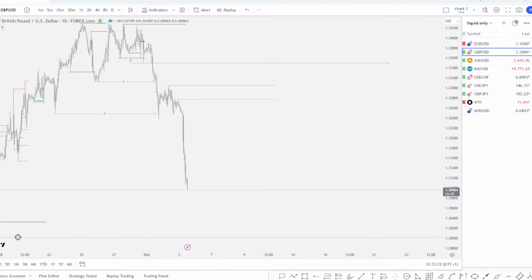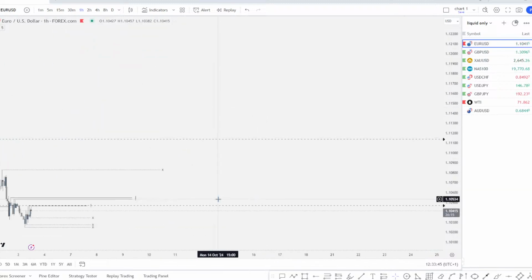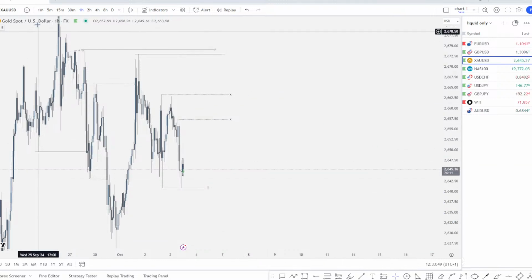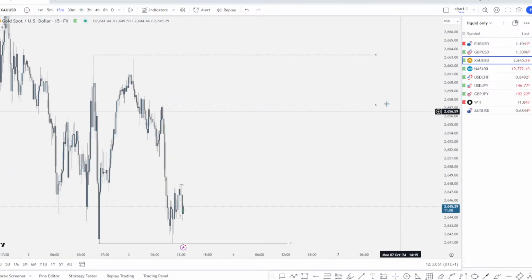Oh, it's the UK PMI. That's what caused that. That's dropped off. Cool. Right. Get back to gold here.